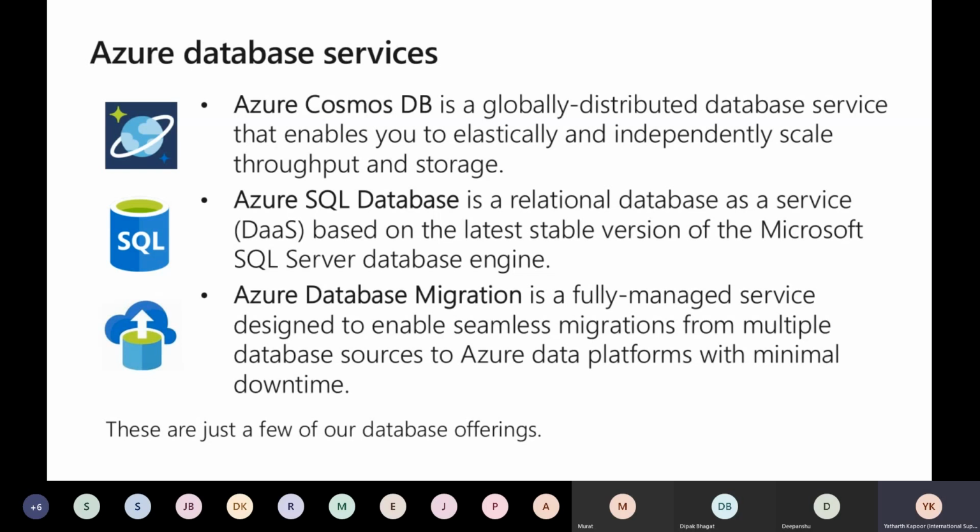Azure Cosmos DB is a globally distributed database. No matter where you are hosting it, the services and the latencies are going to be low all across the globe for the customers, right? It's slightly more expensive, right? It's very scalable, but it's not meant for people who are looking to pay less.